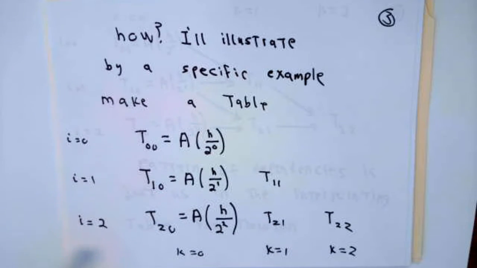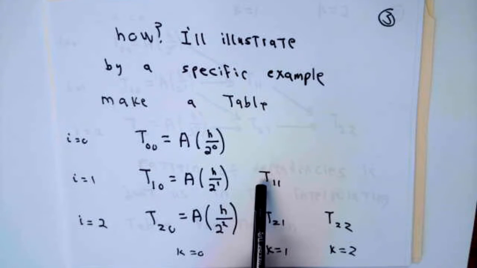If I had more rows in my table, I would have the approximations based on h over 2 cubed, h over 2 to the 4th, and so on and so forth. We're going to build up a table.